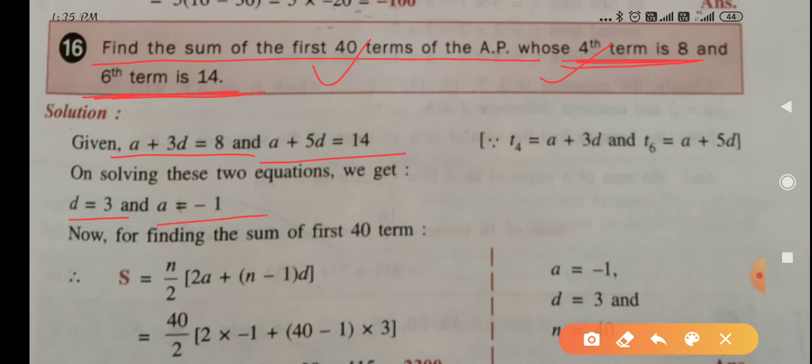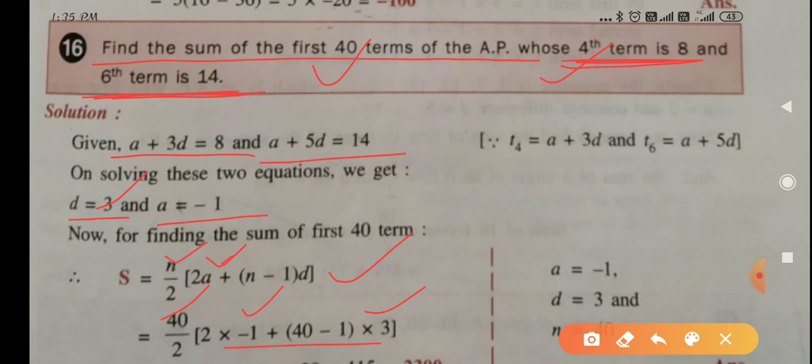After finding the values of a and d, you can easily apply the formula now, S equals n by 2 into 2a plus n minus 1 into d, because to find the sum you need the value of n, already given as 40. Put the value of a you have found, -1, and value of d also you have found, 3.